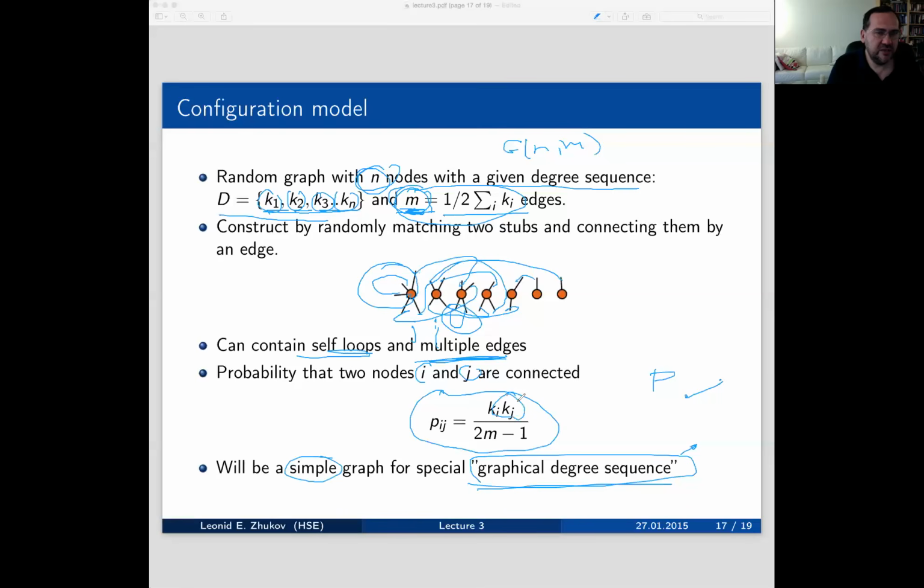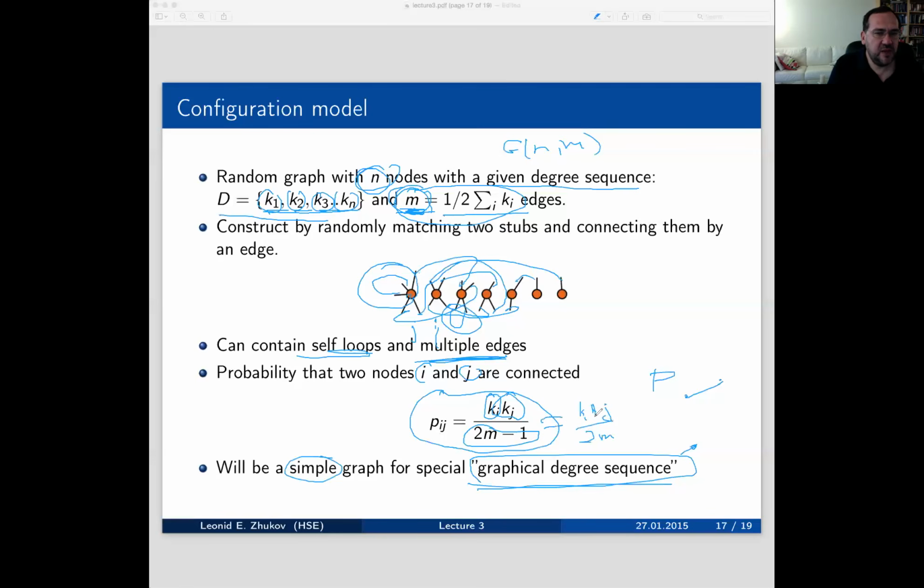So the probability to connect to this particular node is kj, how many stubs it provides, versus the total number of stubs available for the connection. And node i has ki stubs, so there are ki ways to connect. The probability that two nodes are connected is ki times kj divided by 2m minus 1, which, for large m, is just ki kj divided by 2m.